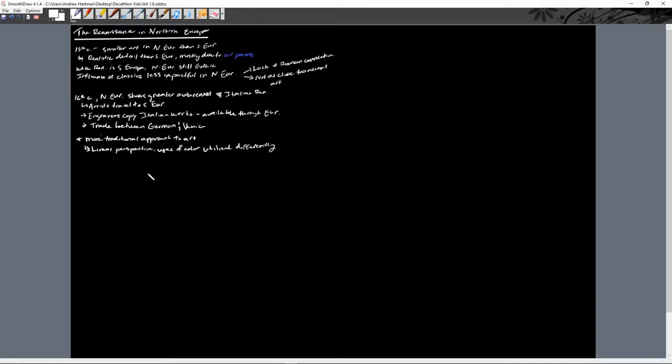And so, starting to get a little more detailed in the 15th and early 16th centuries, we see Southern Germany flower in terms of their artistic output.